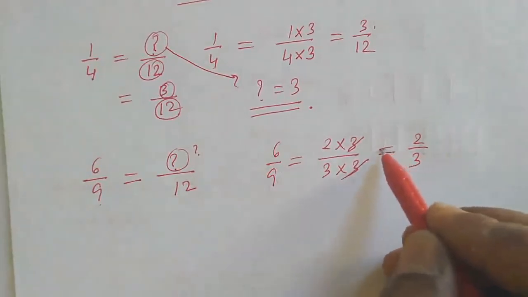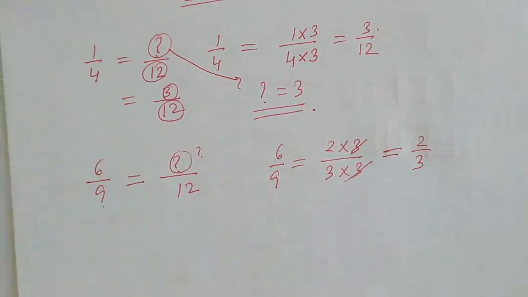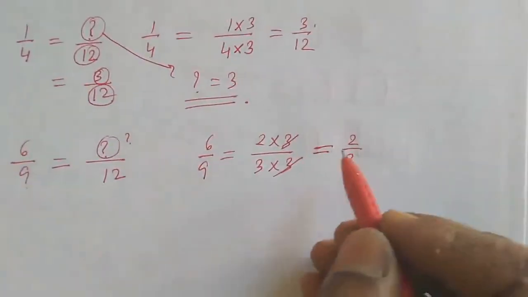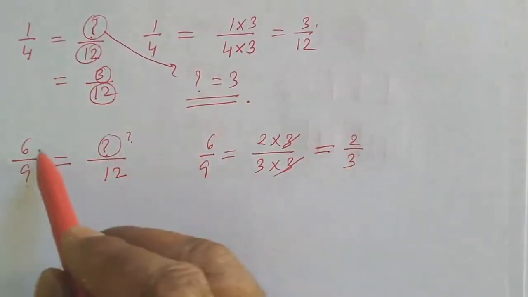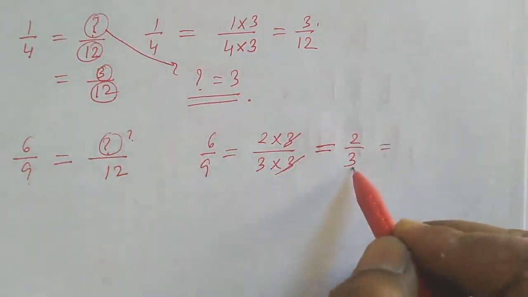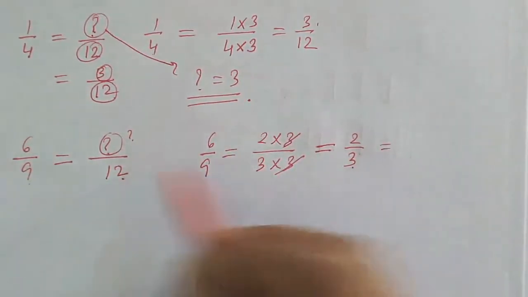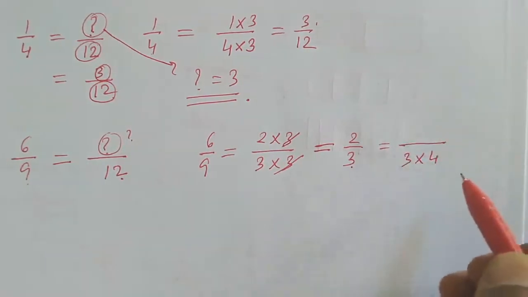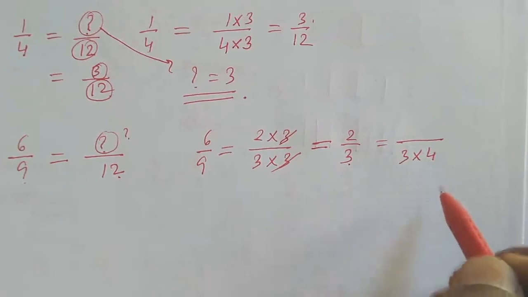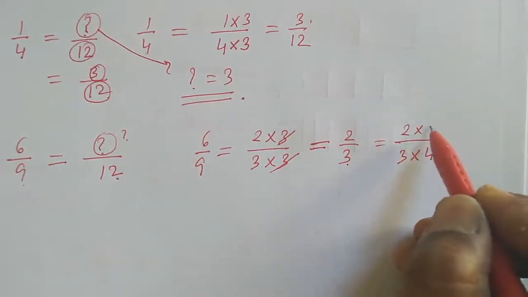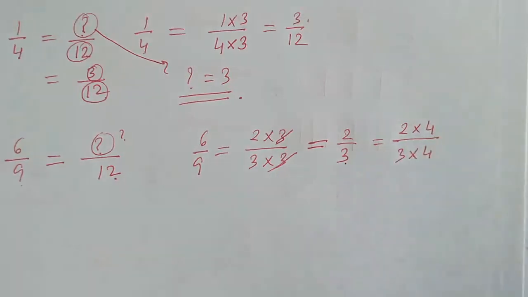Now these numbers in the numerator and the denominator are reduced, and now this looks very simple. So now we can convert this fraction 2 by 3 into this something upon 12. We have to convert this 3 into this 12. So multiply by 4. 3 4s are 12. So if you are multiplying by 4 in the denominator, you will also have to multiply by the same number in the numerator.